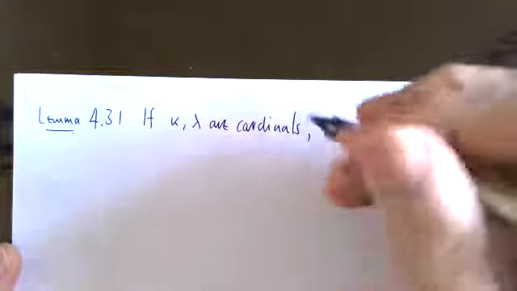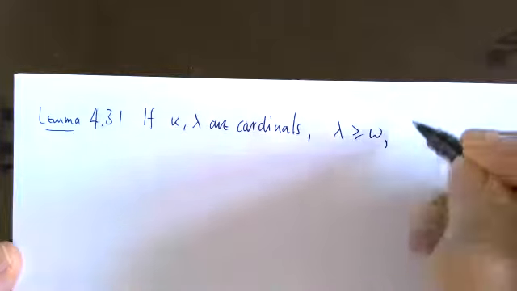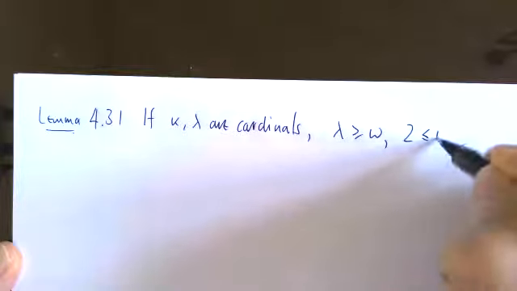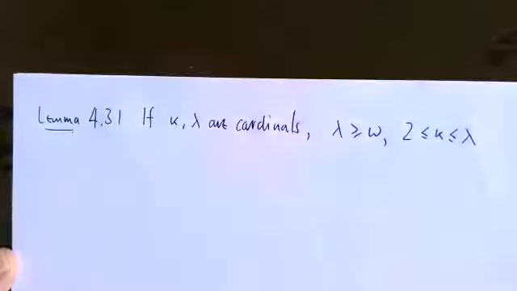We've got cardinals kappa and lambda. Lambda is infinite, and kappa is at least 2, could be finite, and it's less than or equal to lambda.